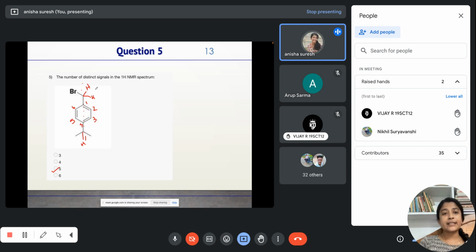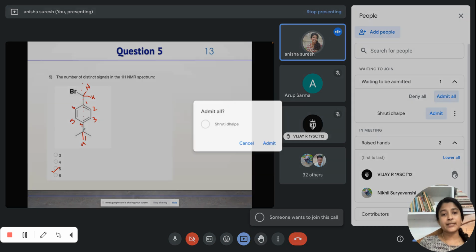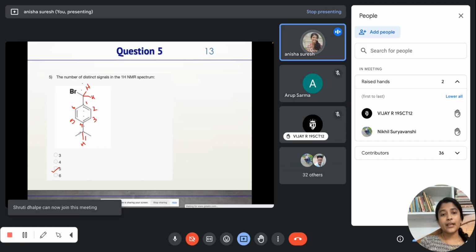So we can consider these two protons as one set, and these two CH3s will be giving a separate set. Then next will be this proton.